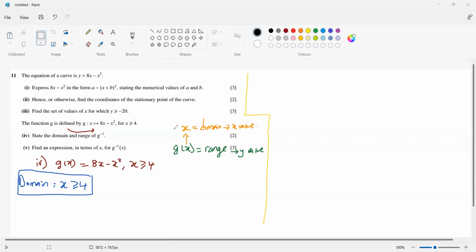How about the range of values for g inverse of x? If you notice carefully, this domain is not for this one. So a bit of a trick there. This cannot be the answer because that is the domain for g(x). See, small trick there. So you need to find g inverse first.